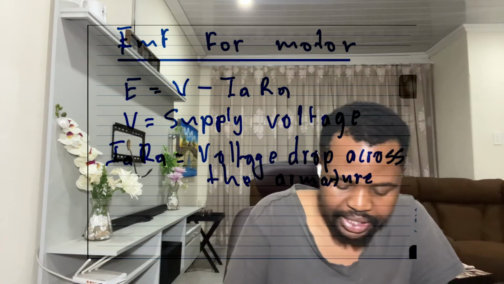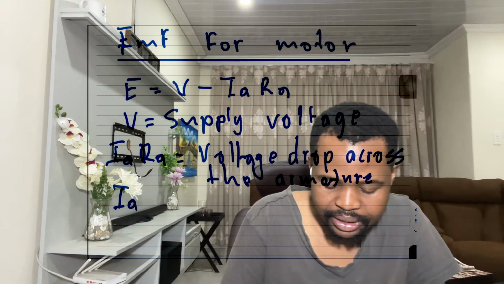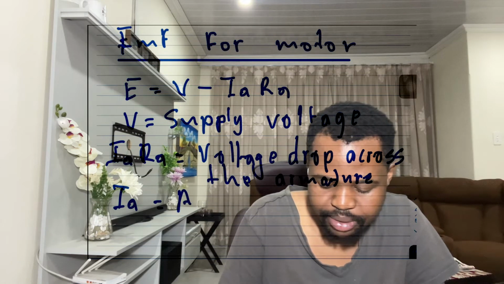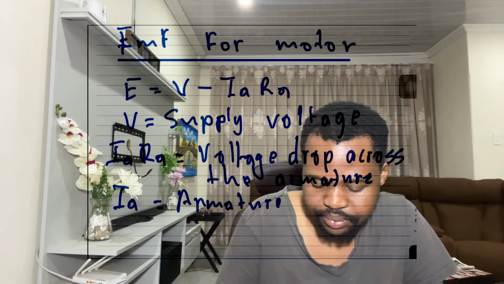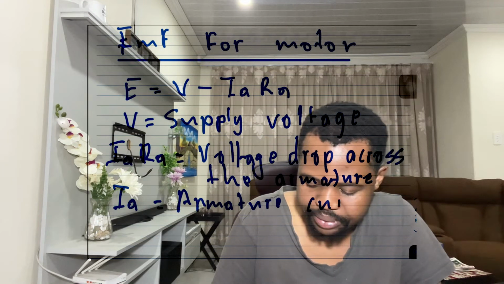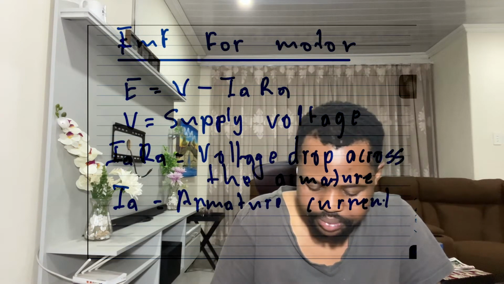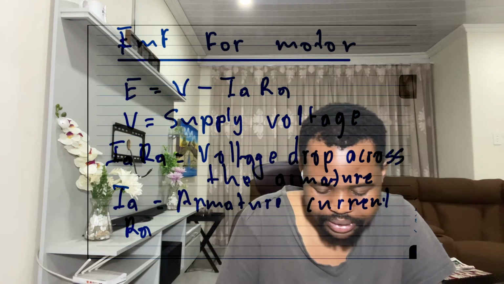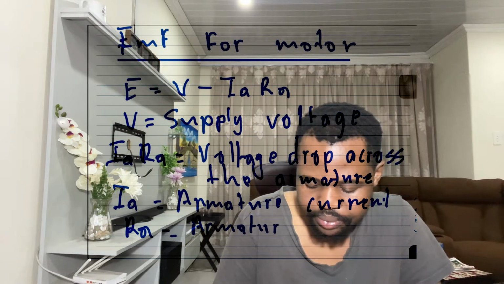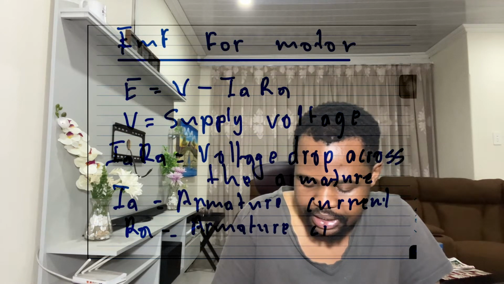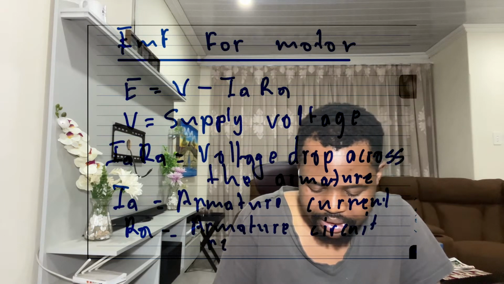IA is the armature current. Then RA is the armature circuit resistance.